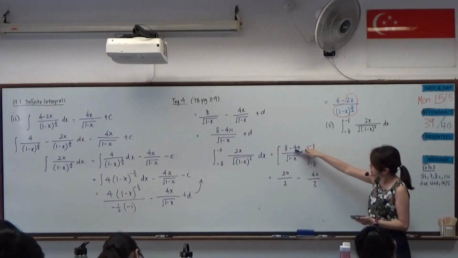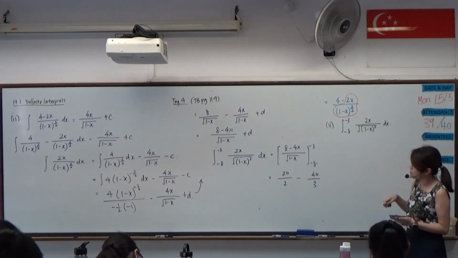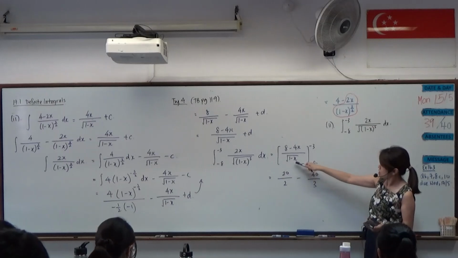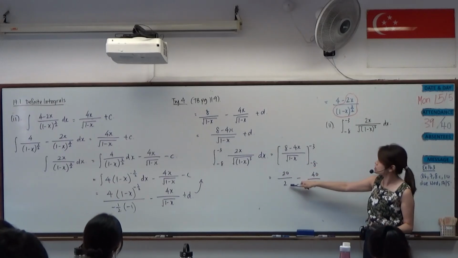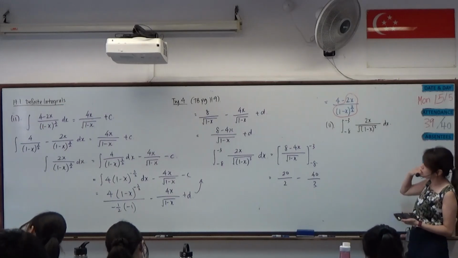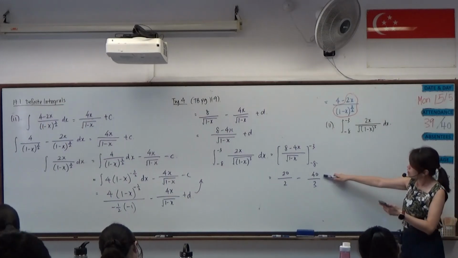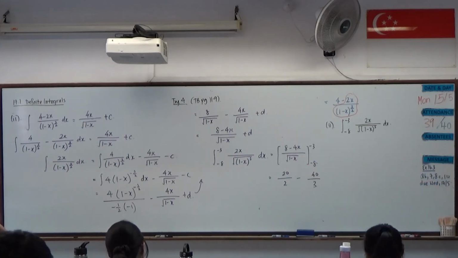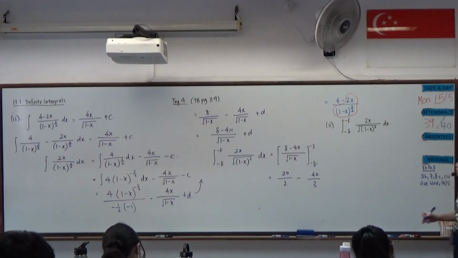So sub in your negative 3 and then sub in the negative 8. Upon substituting negative 3, numerator is 20, denominator will be square root 4, which is 2. And then sub in negative 8, numerator will be 40, and then denominator will become square root 9, which is 3. And then your final answer will be negative 10 over 3.